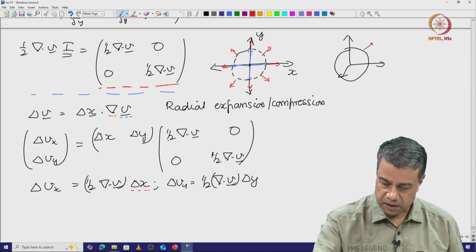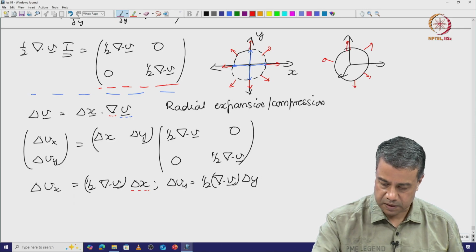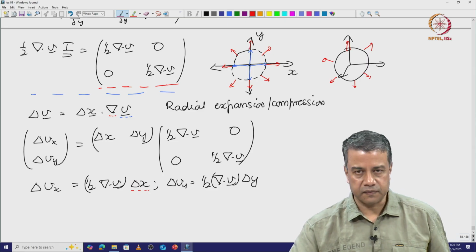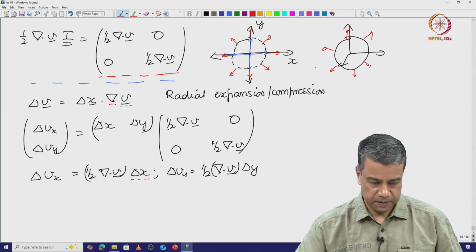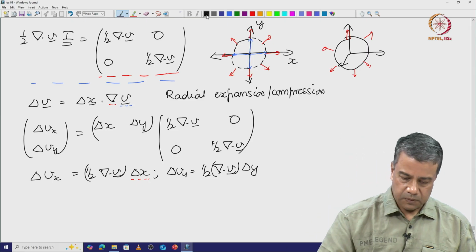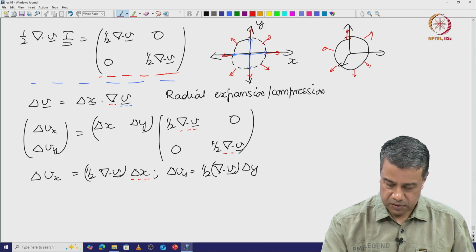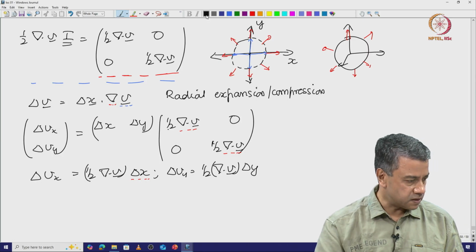So, that is the isotropic part of the rate of deformation tensor, which is proportional to the divergence of the velocity here.